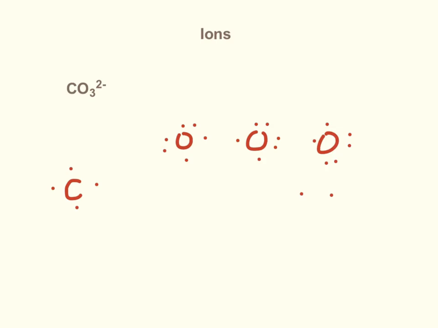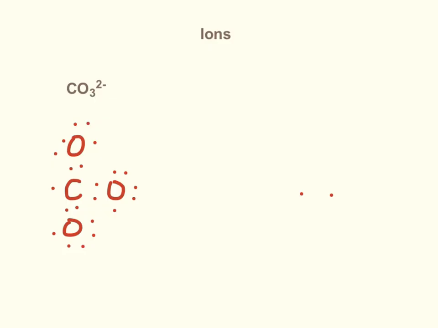Now we can play with those atoms and try to rearrange them so that each carbon and oxygen atom is happy and fulfilled. We can move the first oxygen here on top, move the second oxygen here on the right, and then the last oxygen can go here on the bottom.